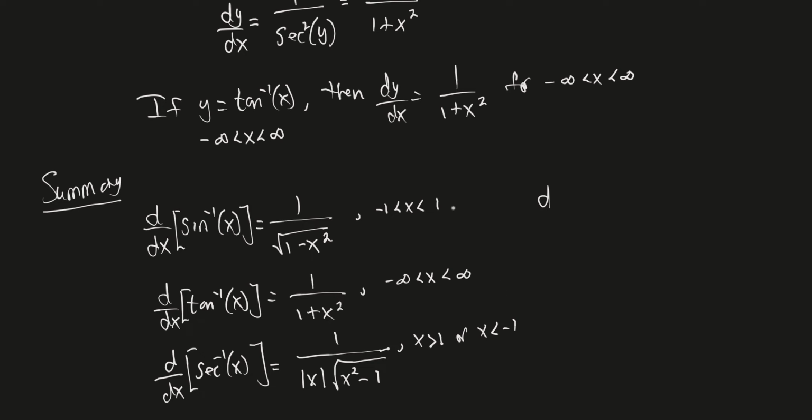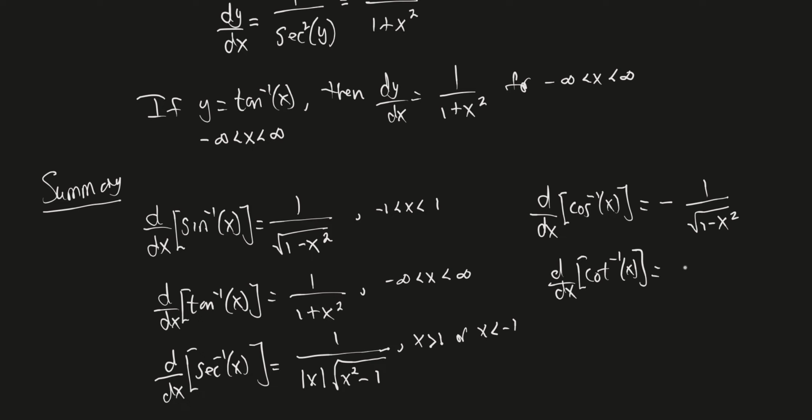So I'm not going to state the domains again, but the derivative of arc cosine ends up being -1 over the square root of 1 minus x squared. The derivative of arc cotangent ends up being negative 1 over 1 plus x squared.